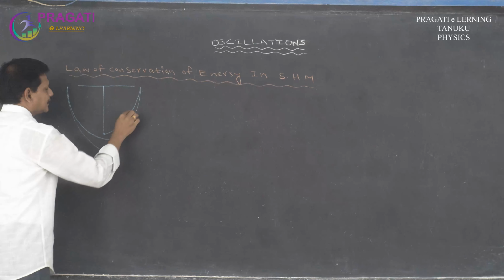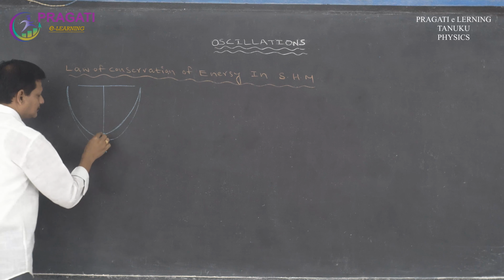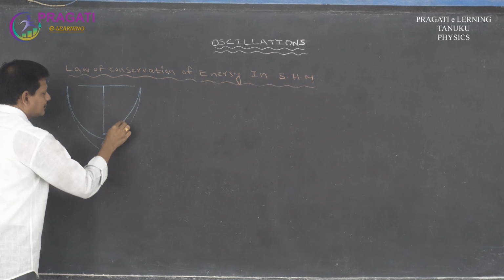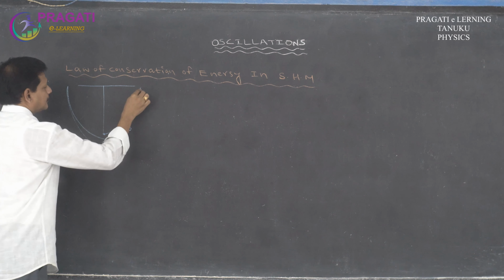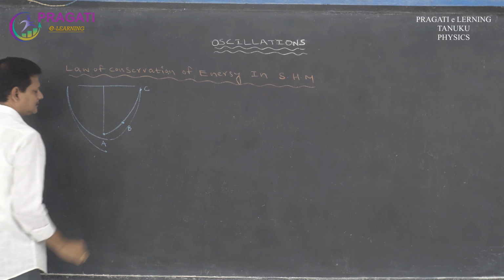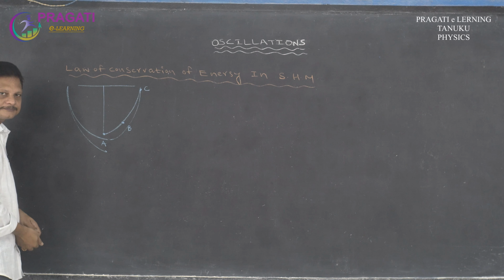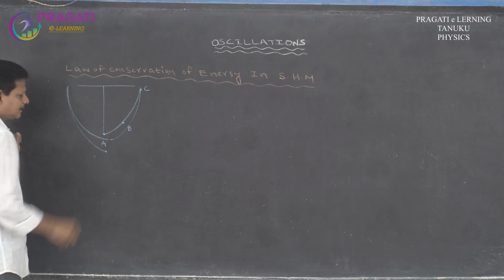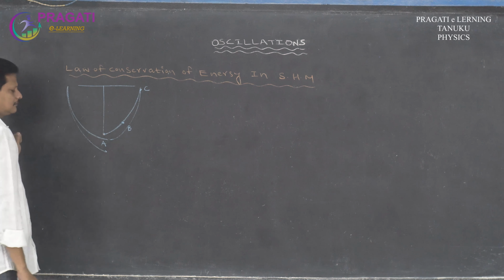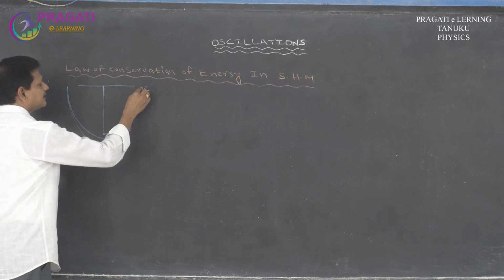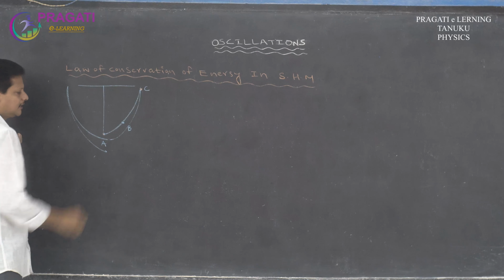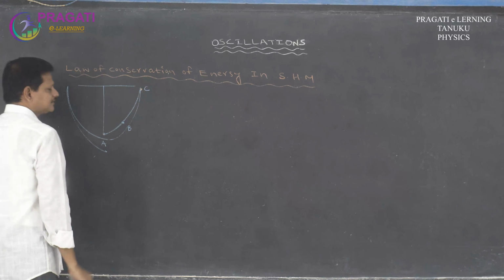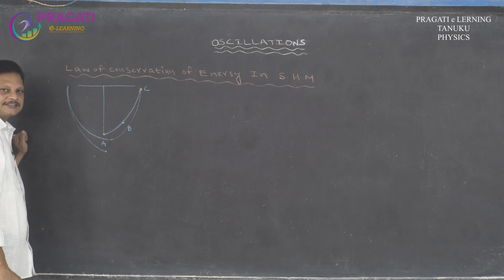During oscillations, let A, B and C be 3 points in its path, where A is at the mean position, C is at the extreme position, B is at any point between mean and extreme position.